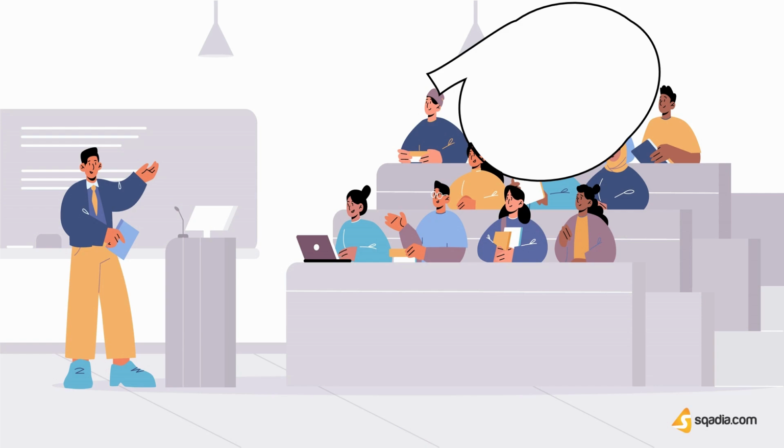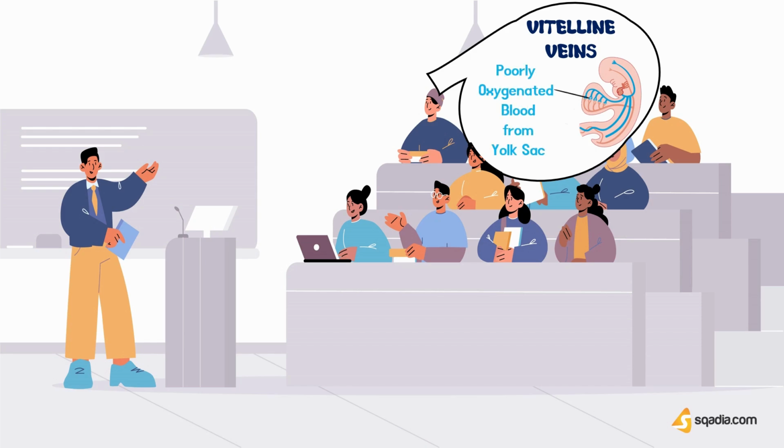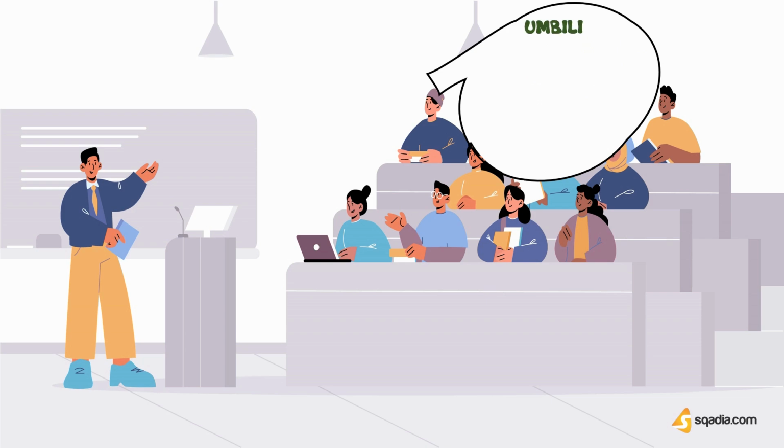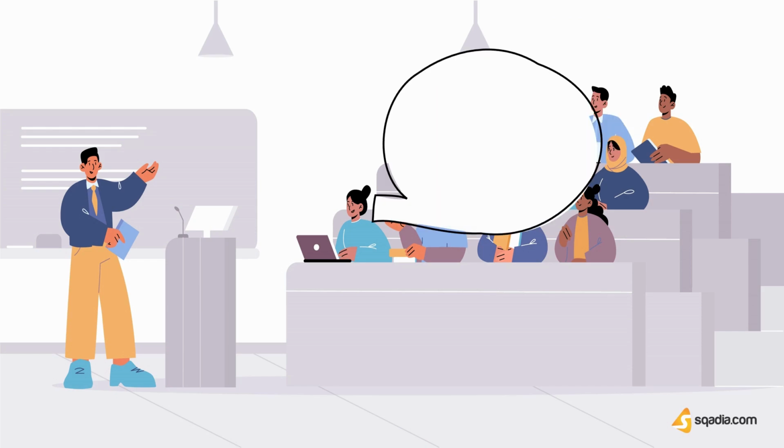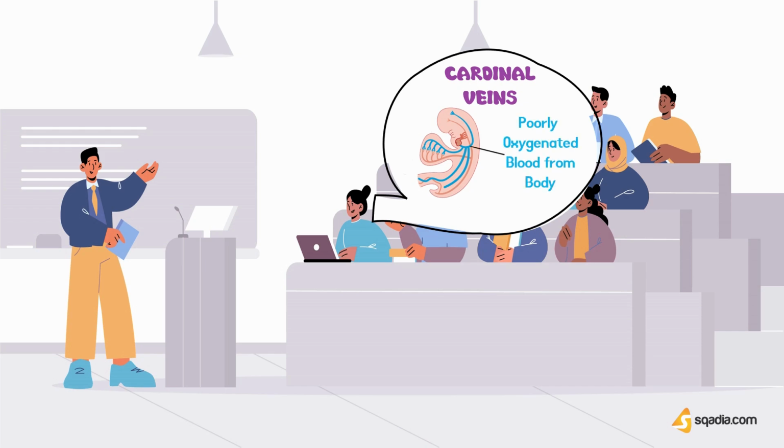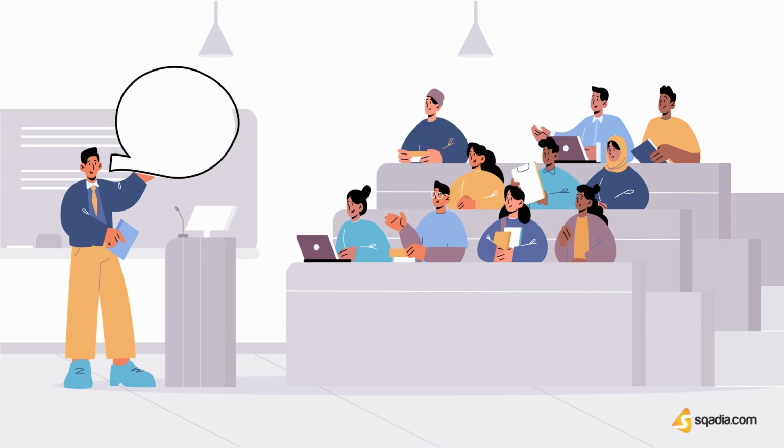First are the vitelline veins, which return poorly oxygenated blood from the yolk sac. Second are the umbilical veins, which carry well-oxygenated blood from the placenta. And third are the common cardinal veins, which return poorly oxygenated blood from the body of the embryo. Very good, class. Now, let's have a view of veins at 28 days.